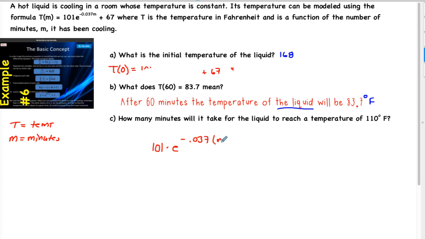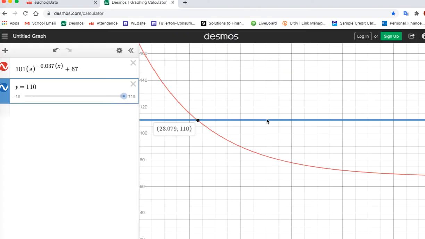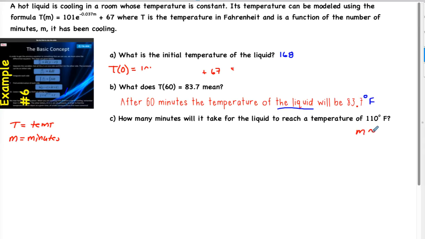We want to know how many minutes it's going to take for this equation to hit the equation 110. Now, I always come over here to Desmos, and when I type the two equations into Desmos, I see that my answer is 23. So, okay, I've got that in the back of my head. So I know that m should be about 23.